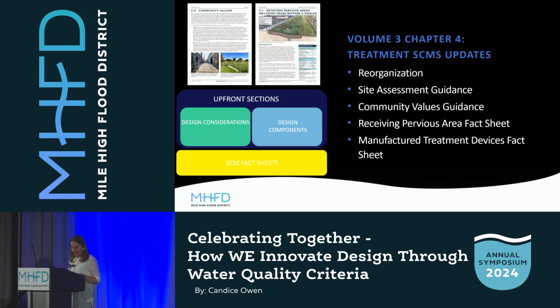In terms of new or updated fact sheets, we combined grass buffers and swales into the receiving pervious area fact sheet, and additionally added manufactured treatment devices, which hadn't formerly been included. They're also called proprietary devices, so hydrodynamic separators and high rate filters and media.